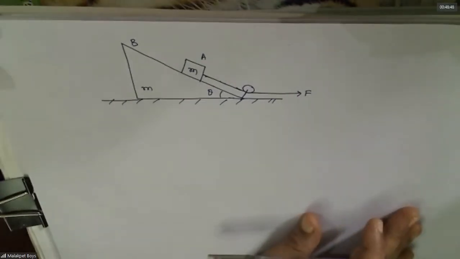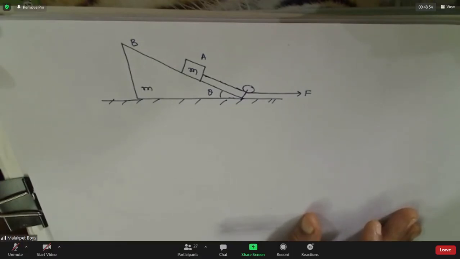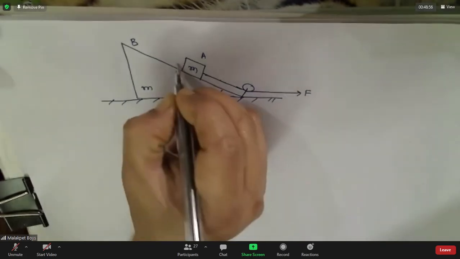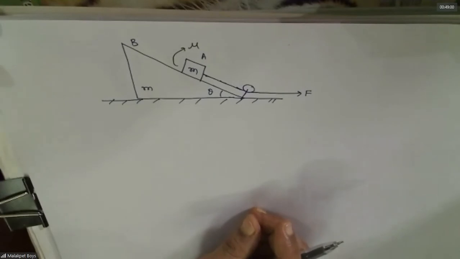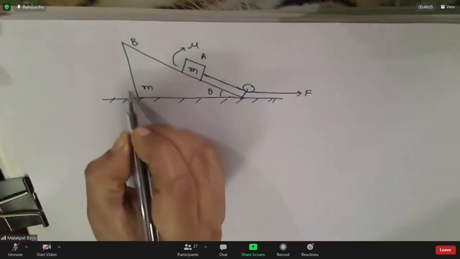So, note on this. Both blocks are small m. Both are small amounts. There is no friction.